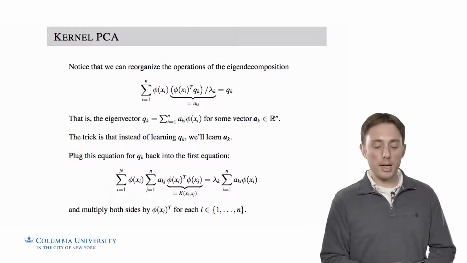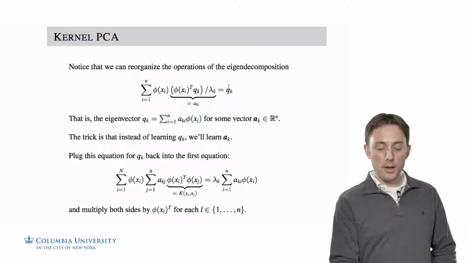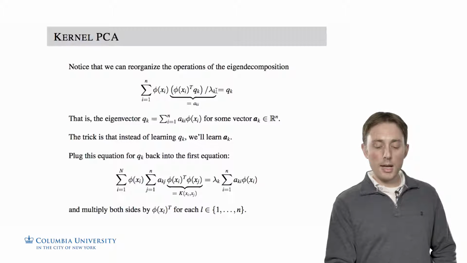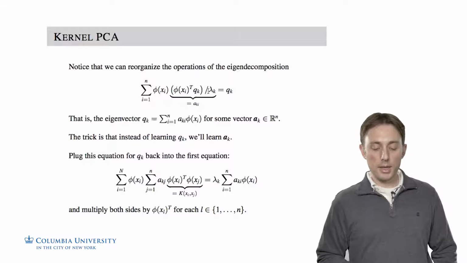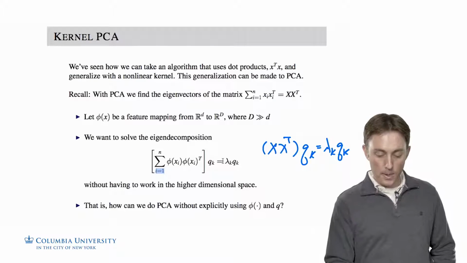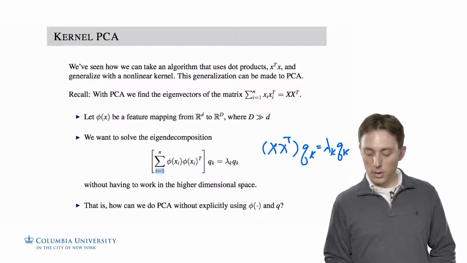So let's just reorganize the operations of the eigendecomposition. All I've done is taken the previous slide. Remember, lambda k was originally multiplied against the kth eigenvector. Now I'm bringing lambda k onto the left side by dividing it. So I've divided both sides by lambda k. Also, originally I completed this term first and then multiplied by qk.